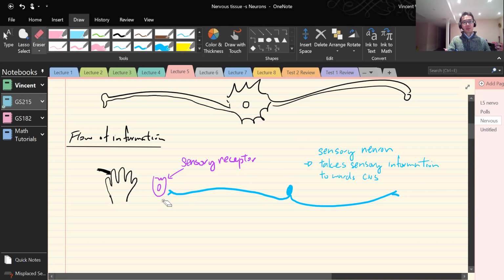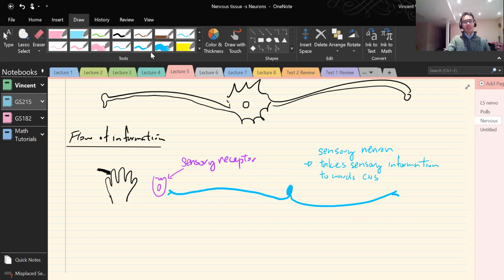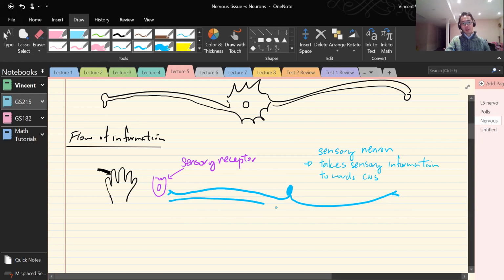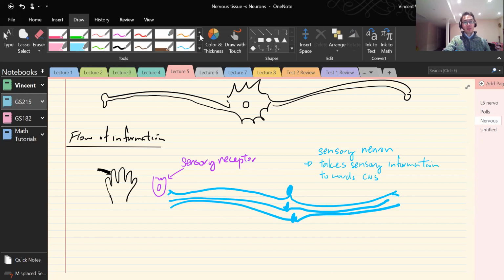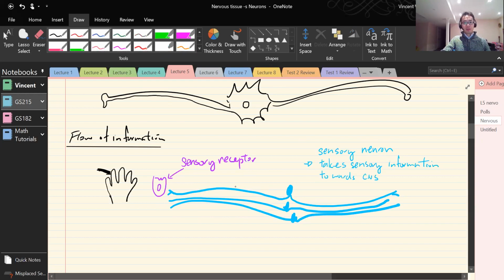All right. So here is a sensory neuron. Now, of course, there's not just a single neuron because that's super flimsy and very vulnerable. So you actually have a bunch of these things. But for simplicity, I'm just going to draw one. But know that there's going to be a bunch of them. So these sensory neurons will form a bundle.